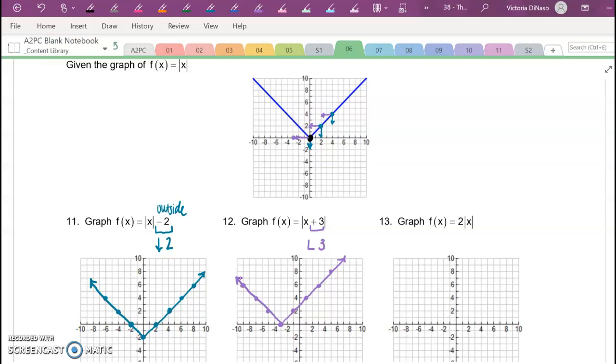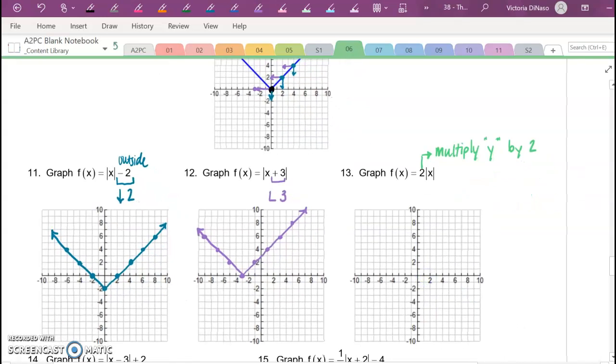All right, number 13. For number 13, what I'm going to do is multiply y by 2. So I'm going to take a coordinate from the original parent function.